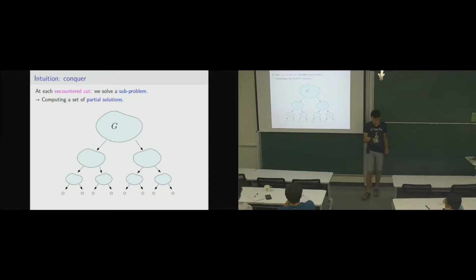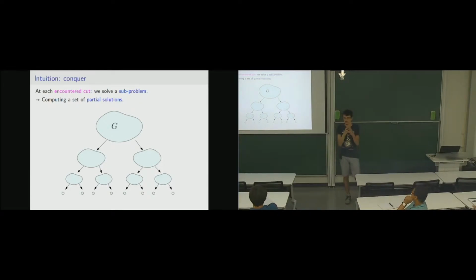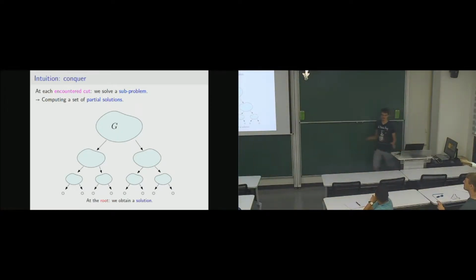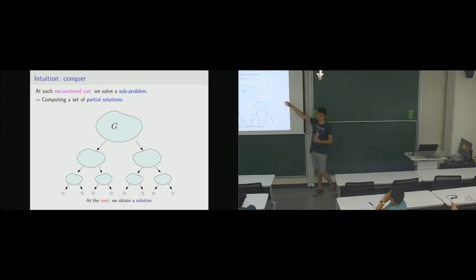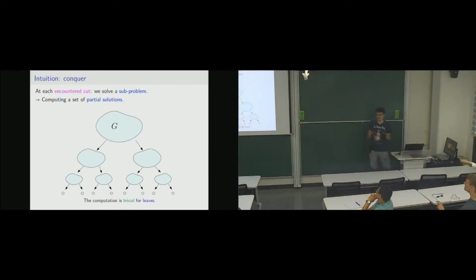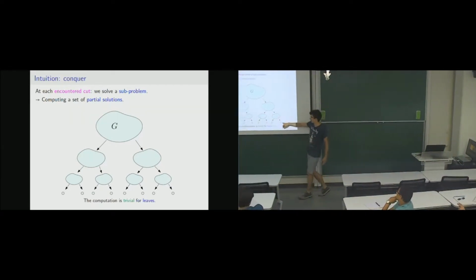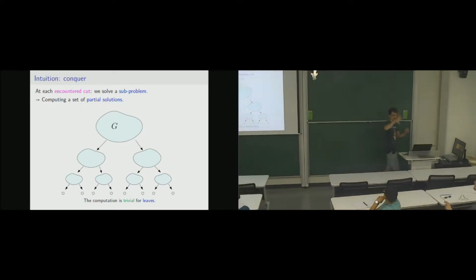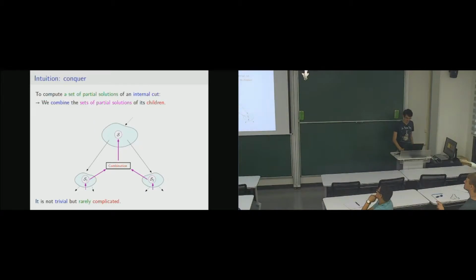Partial solutions are basically something that can be part of a solution. And so at the root you will get a solution, right? In fact the computation for the leaves is very simple, because the leaves are associated with one vertex and you have the rest of the graph on the other side.